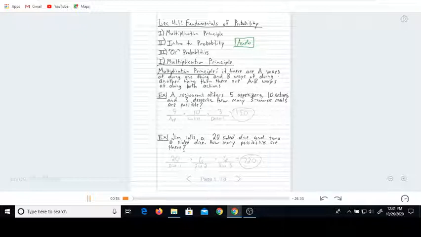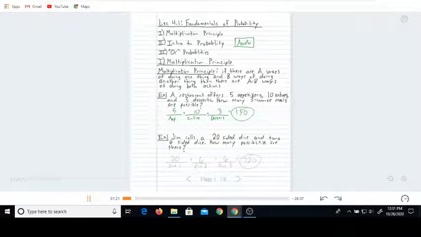So basically, it's going to be our choice for appetizer times our choice for entree times our choice for dessert, which is basically 5 times 10 times 3, which is going to be 150 is the answer. So there's 150 different 3-course meals.